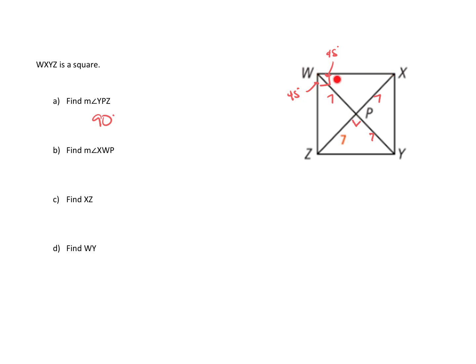XWP, go back to W. We just identified that as 45 degrees, so we already figured that one out. Find XZ. So XZ is this whole diagonal. We have 7 and 7, so we'll add those together to get a total of 14 units for XZ. And then the other one is WY. Well, we know diagonals are congruent, so we already know it's going to be 14. We also could go ahead and add those 7s together and get 14 that way.